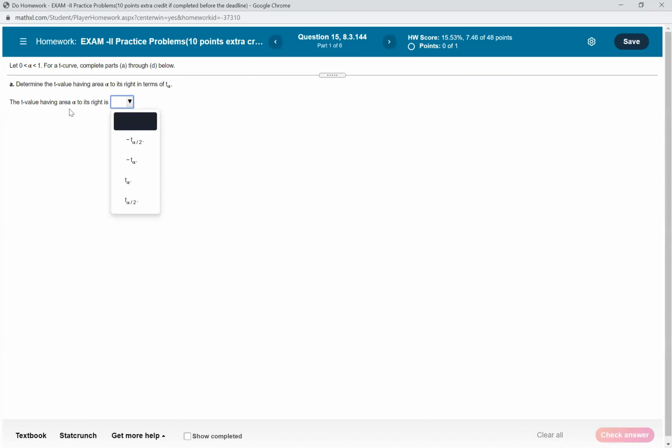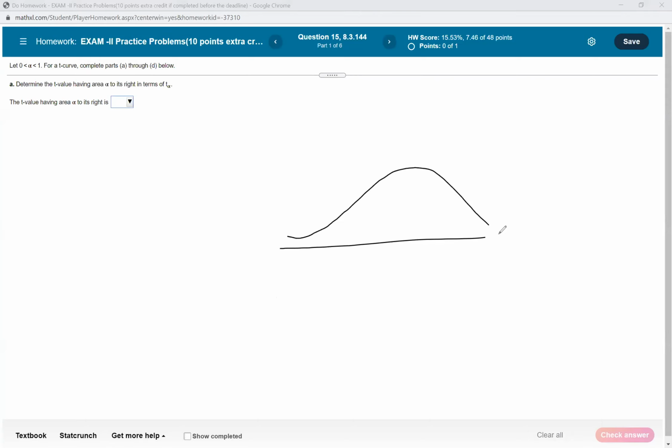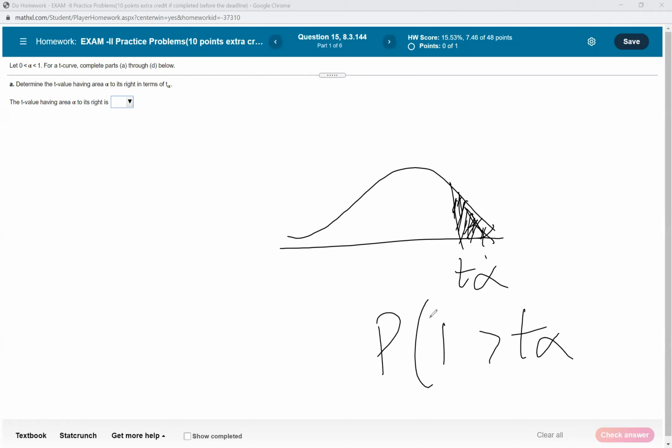Okay, so T value having area alpha to its right. So that means this one. This is T alpha, and to its right means we are finding the probability T greater than T alpha.